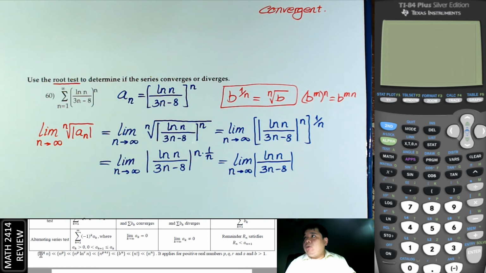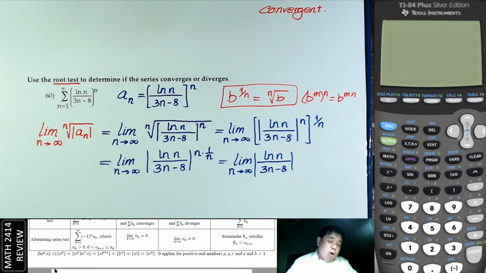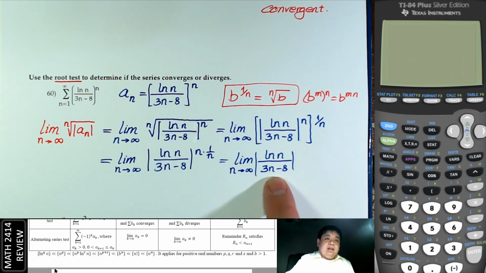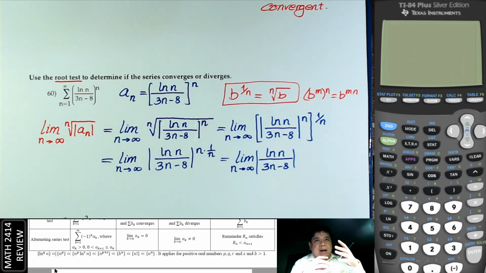So if we look at the growth rate, the ln is the one that's slowest to infinity. It still goes to infinity, but at the slowest rate. 3n, of course, will go faster to infinity. So the bottom goes to infinity faster than the top. So that will be 0, right? The bottom gets bigger and bigger so fast. The top still gets bigger, but at a much slower rate. So that has to go to 0.